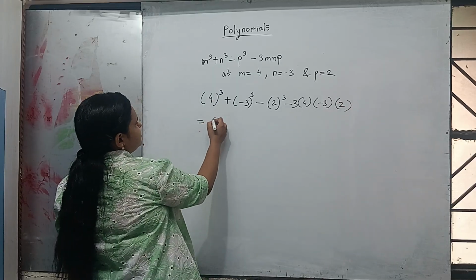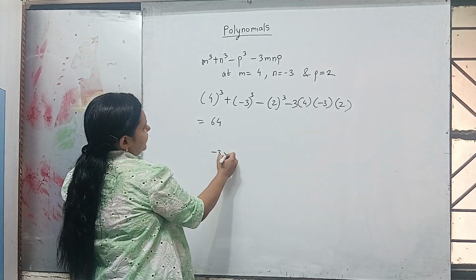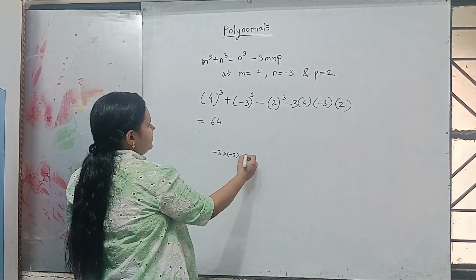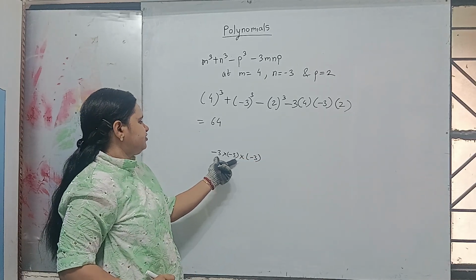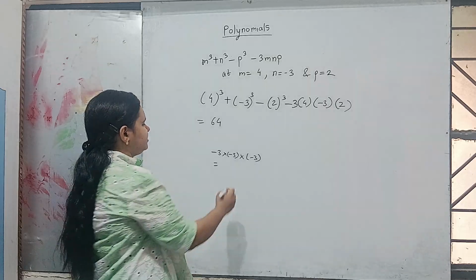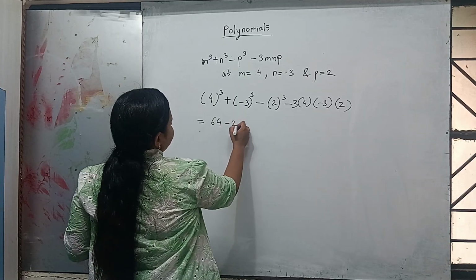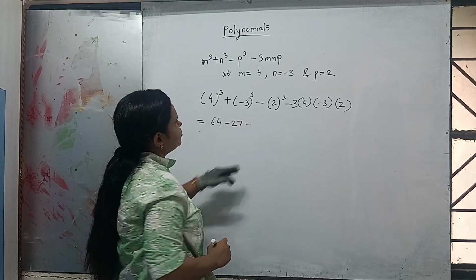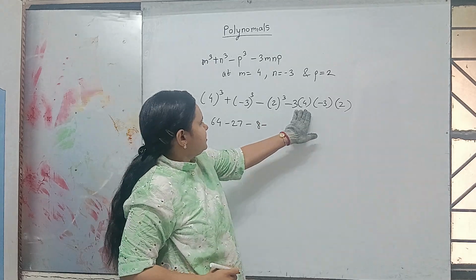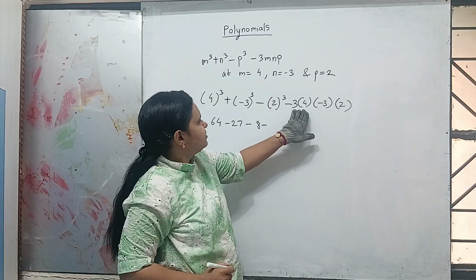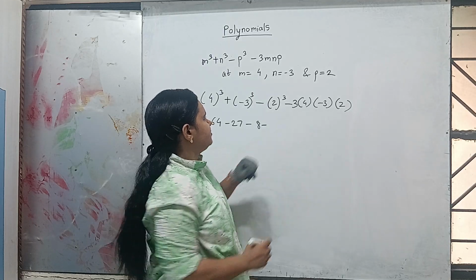So 4 cube is 64, minus 3 cube is minus 3 multiplied by minus 3 multiplied by minus 3. 3 3s are 9, it will be plus 9. 9 3s are 27, minus 27. So here it is minus 27, minus 2 cube is 8, minus 3 4s are 12, 12 2s are 24 and 24 3s are 72.